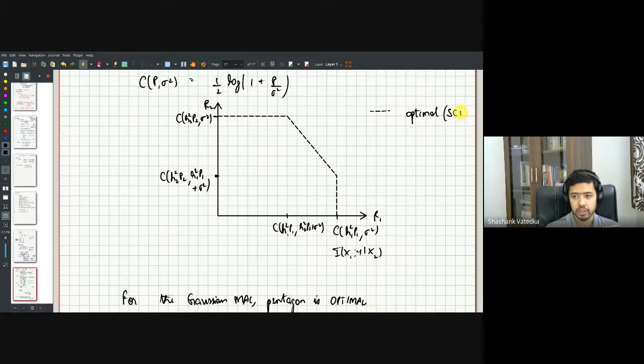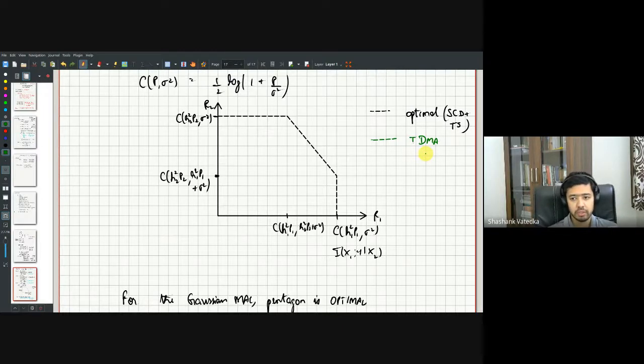So successive cancellation decoding plus time sharing. But now maybe let's look at something else. So suppose we used TDMA. Then what would be the achievable rate region?